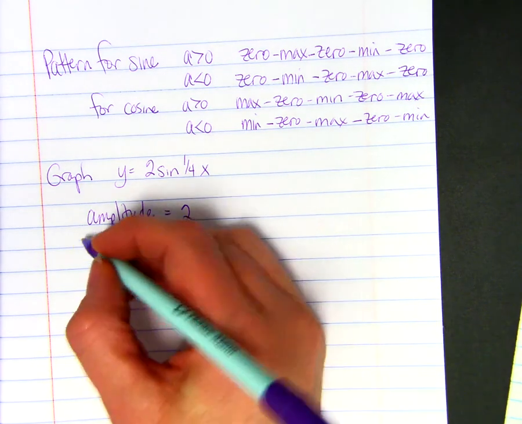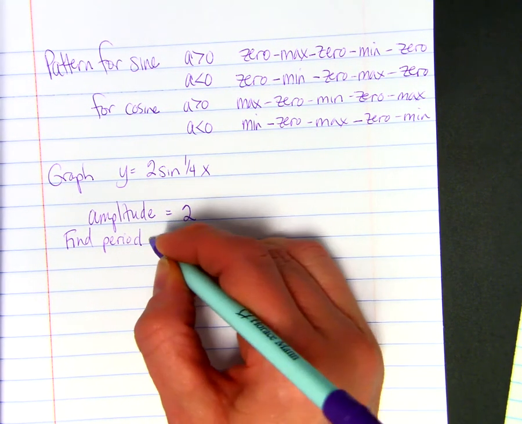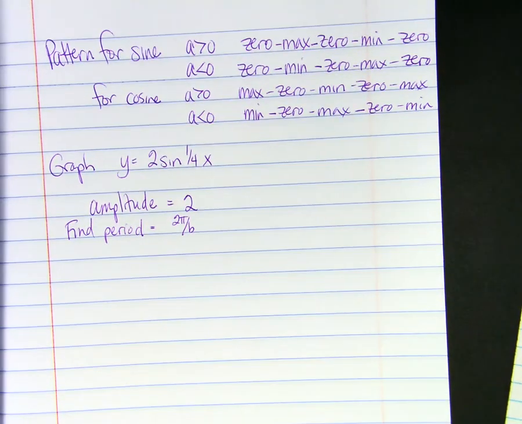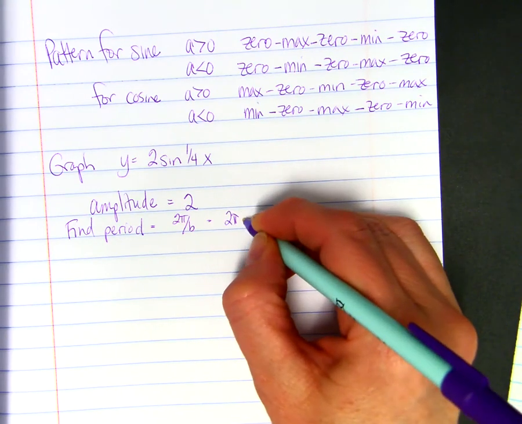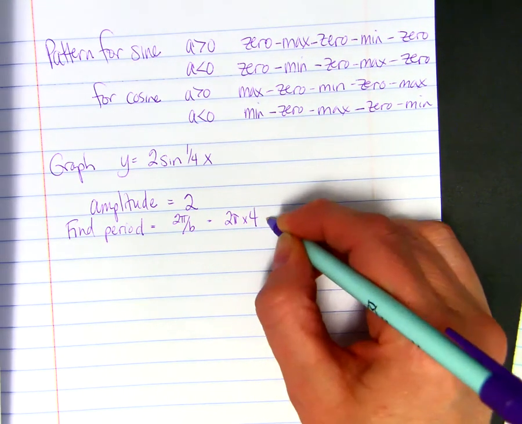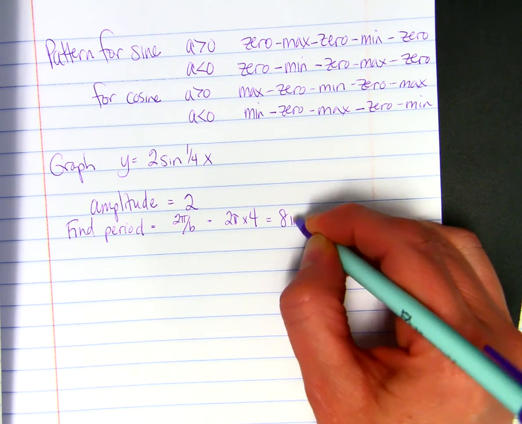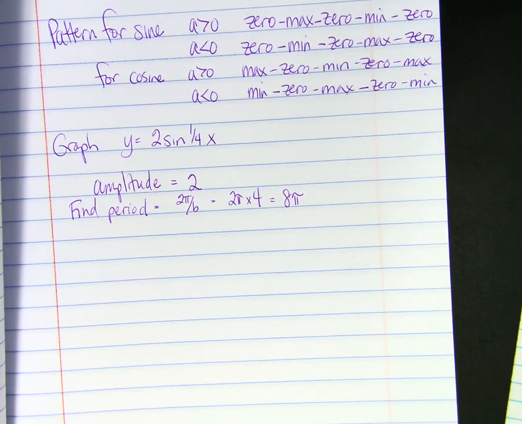Then to find the period, remember we do 2 pi divided by b, and our b is 1/4. So we're going to do 2 pi times 4. So the period is 8 pi.